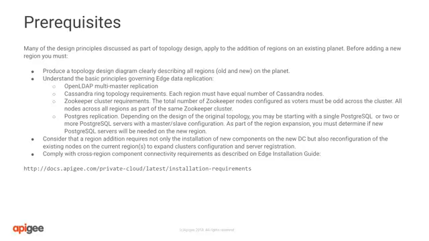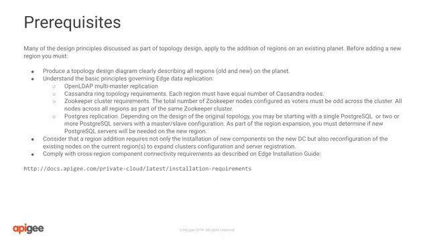Understand the basic principles governing data replication in Edge, and these include multi-master replication for OpenLDAP, Cassandra ring topology requirements. Every region, data center or availability zone must have an equal number of Cassandra nodes. Zookeeper cluster requirements: all Zookeeper nodes across all regions are part of the same ensemble or cluster. The total number of voting nodes across the cluster must be odd.